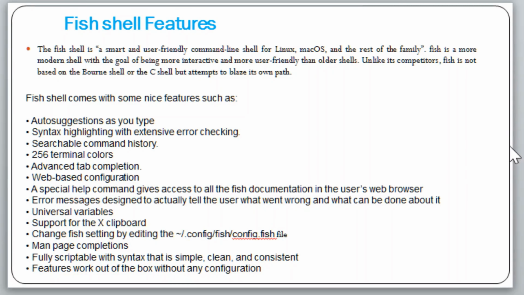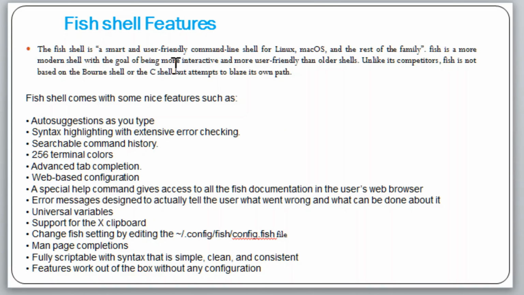The other shell we can look at is going to be fish shell. That's a tough one to say in a row. Fish shell is a smart and user-friendly command line shell for Linux, Mac OS, and the rest of the family. Fish is a more modern shell with the goal of being more interactive and more user-friendly than older shells.